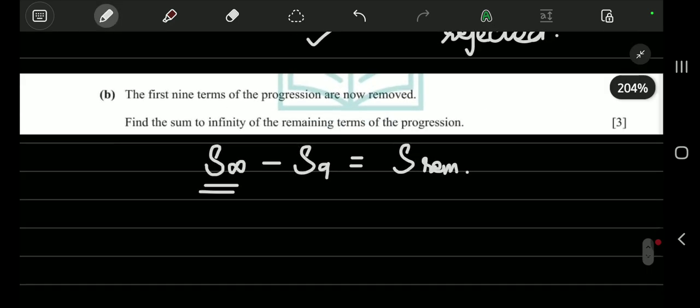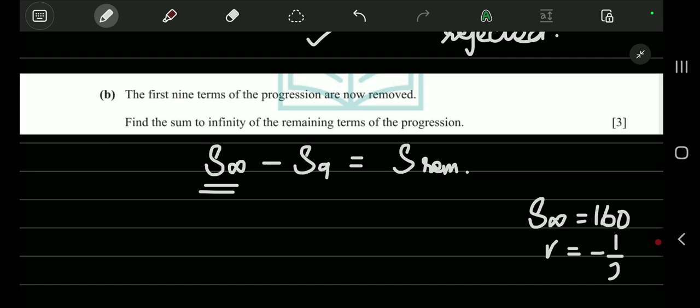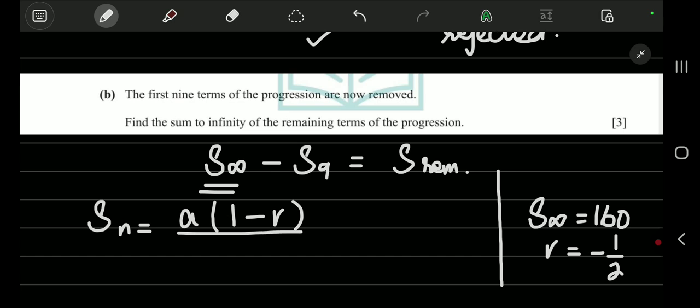Sum to infinity is 160 and r we found to be minus 1/2. What we have to do is find the sum of 9 terms and subtract it from the sum to infinity. What's the formula for the sum of n terms? It is a times (1 minus r to the power n) over 1 minus r.